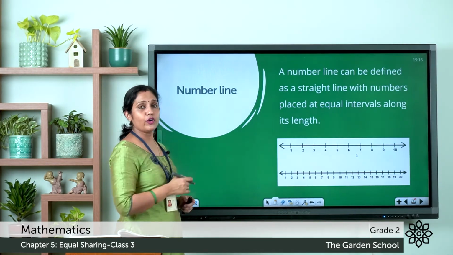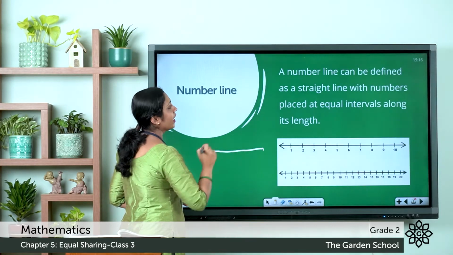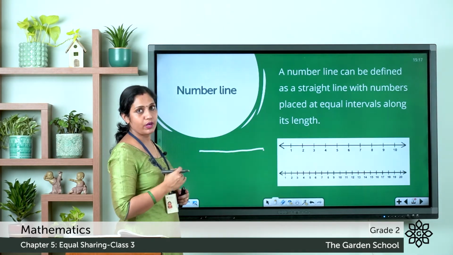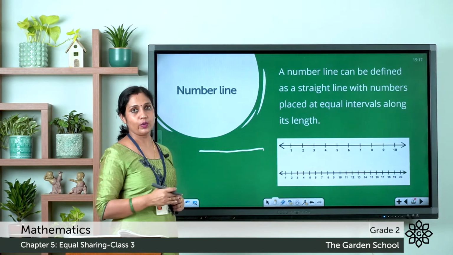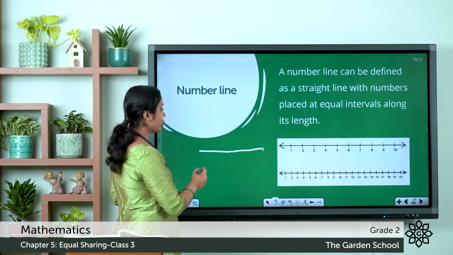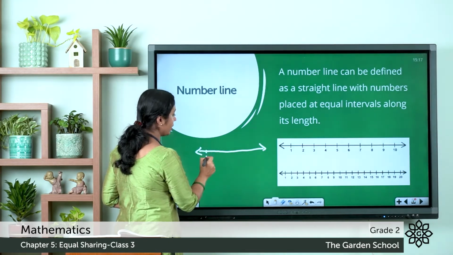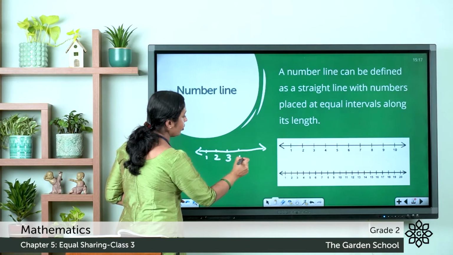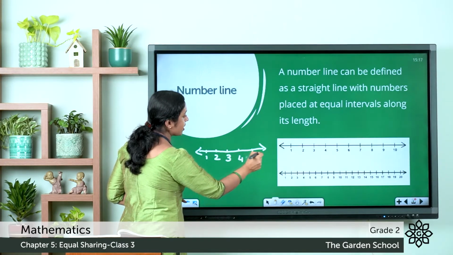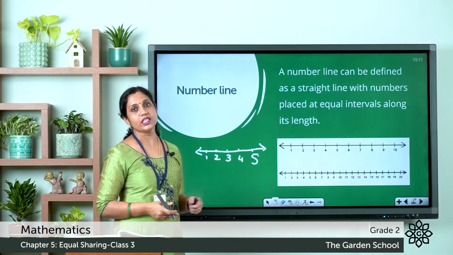So let me draw a number line for you. A number line is a straight line and it has numbers on it, and these numbers are marked at regular intervals or equal intervals. So this is a number line and we can draw the numbers 1, 2, 3, 4, 5. So this is a number line, and today we are going to learn how to do division on this number line.